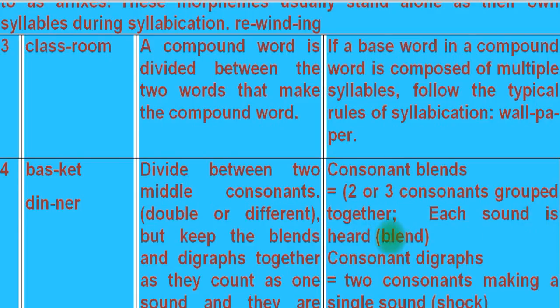We hear B and L, and we also hear N and T as separate sounds. So keep the blends and digraphs together.